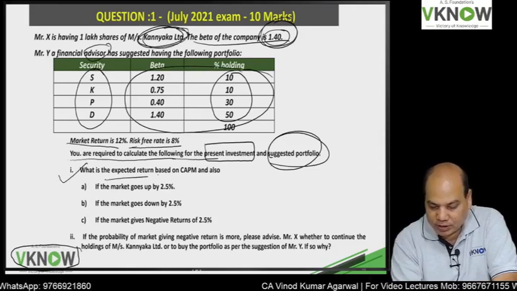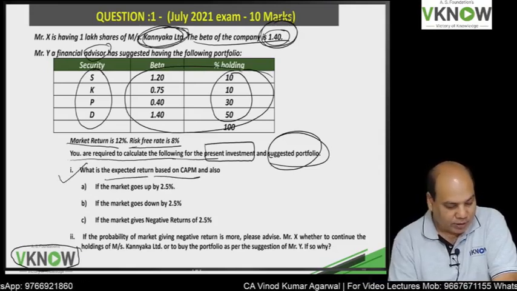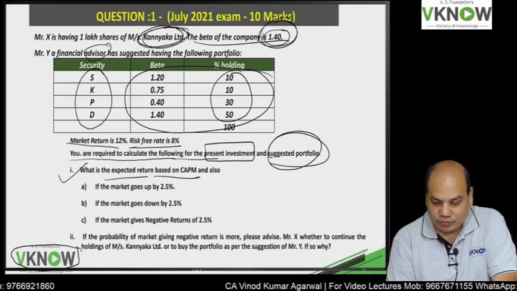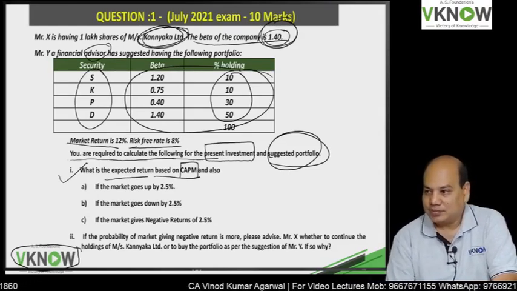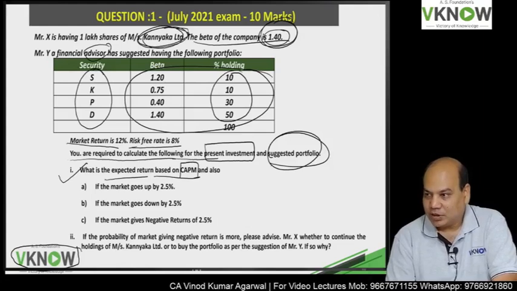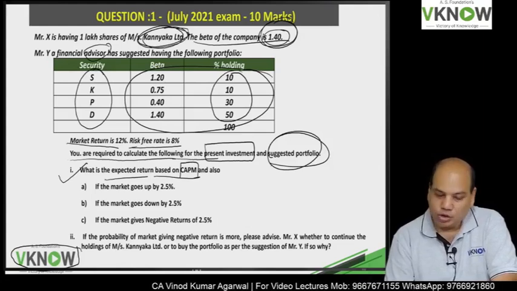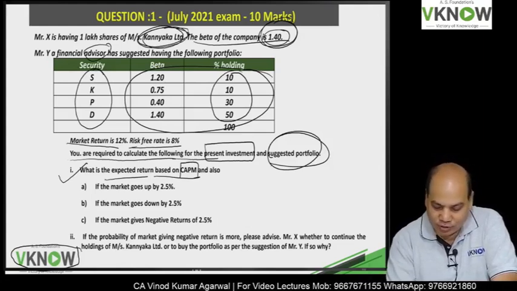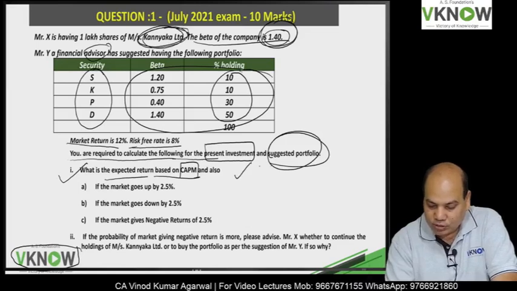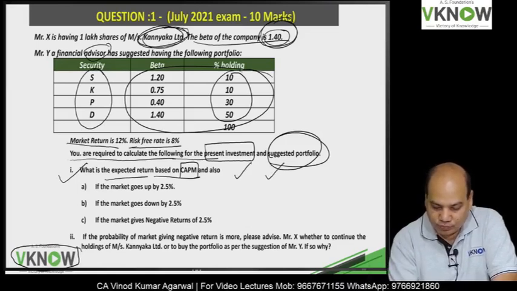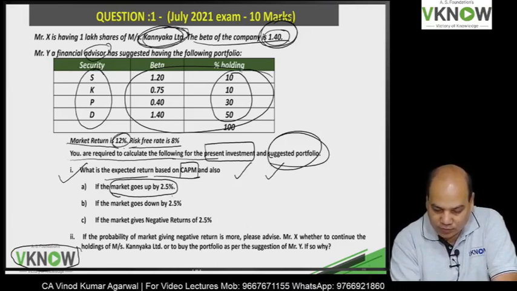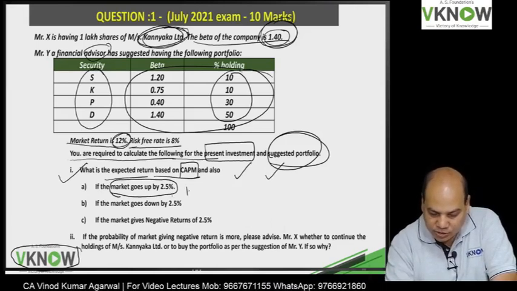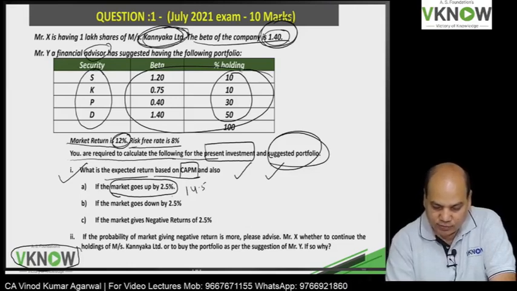What is the expected return based on CAPM? Very easy. What is the formula for CAPM? RF plus beta into RM minus RF. Very good. So you have to compute for the stock and the portfolio. If the market goes up by 2.5%, so market is right now 12, which means here you will take 14.5.